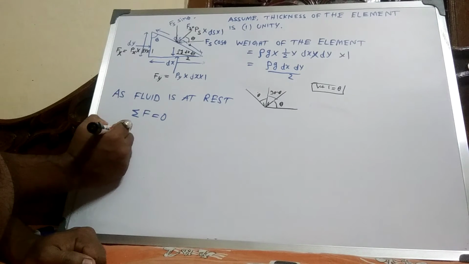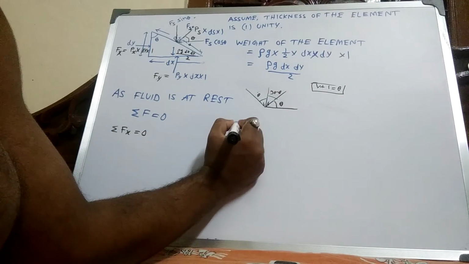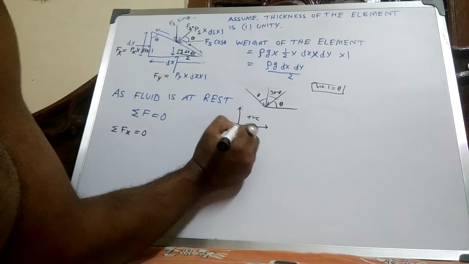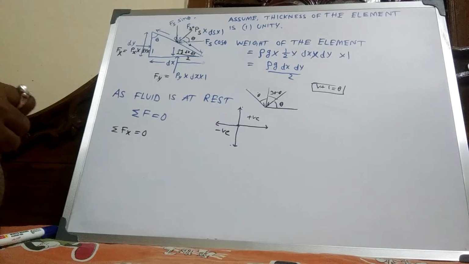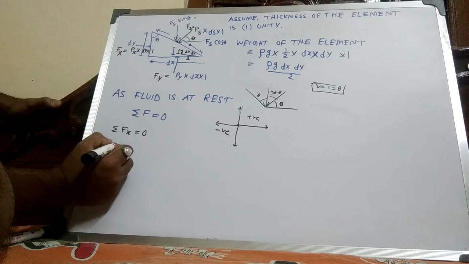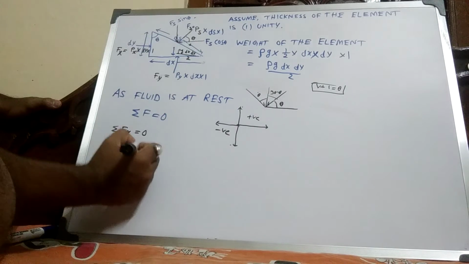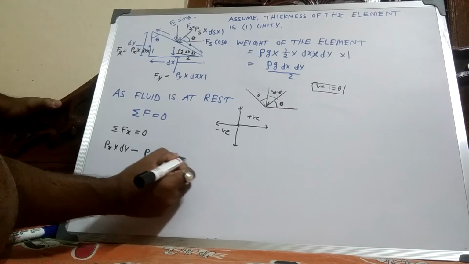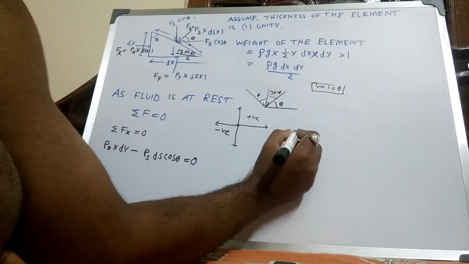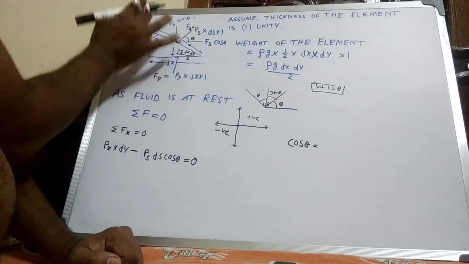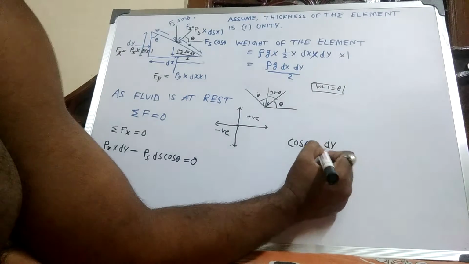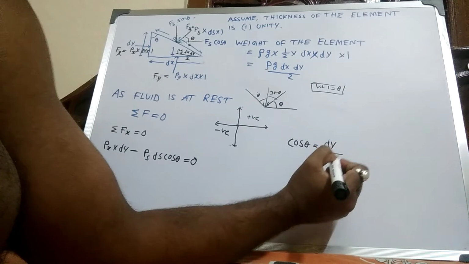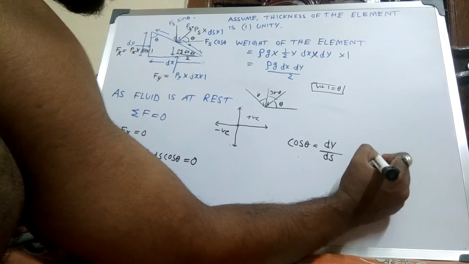Now summation of Fx: we consider the positive x direction as positive and the other as negative. So px into dy, and minus Fs, meaning ps into ds into cos theta, equals 0. Now cos theta equals base dy by hypotenuse ds, so dy equals ds cos theta.